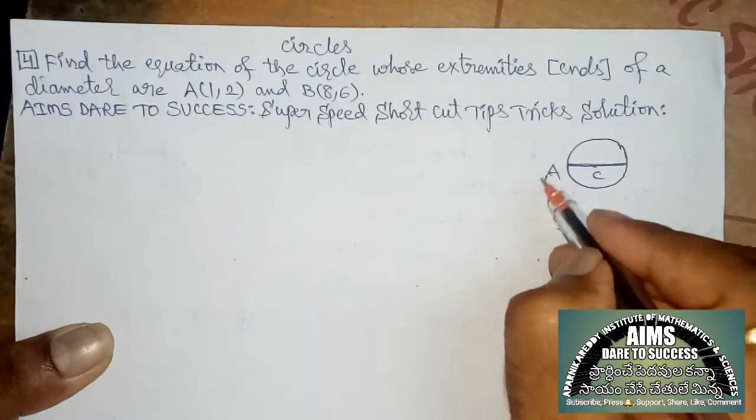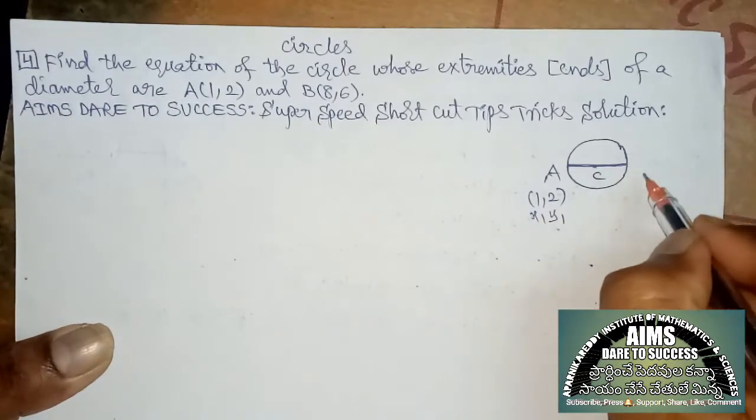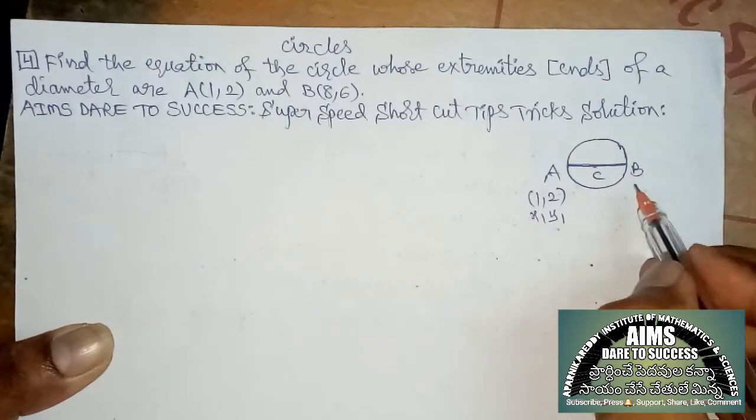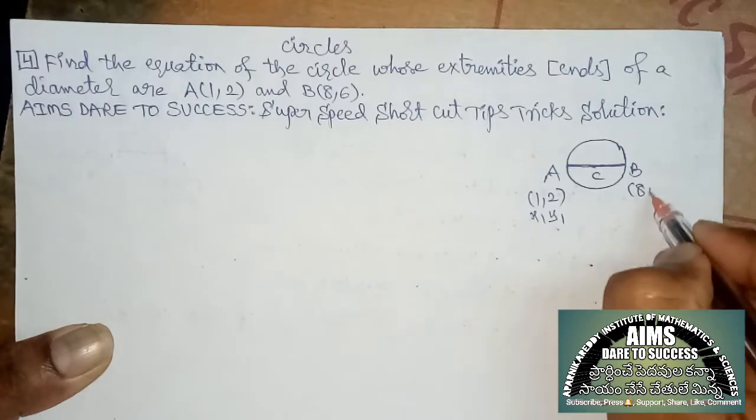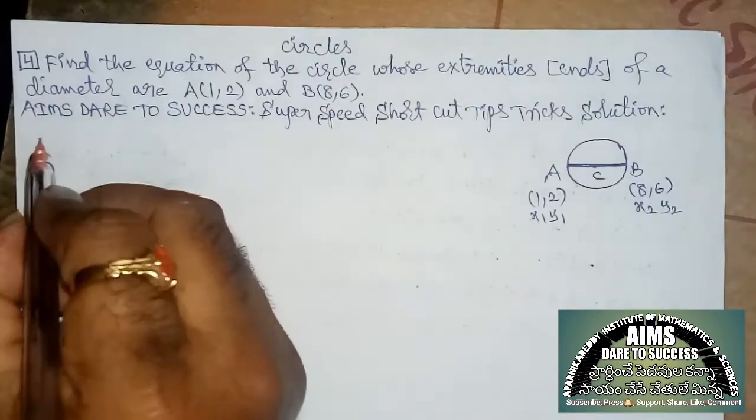According to given problem, A is 1 comma 2. Let it be taken x1 comma y1, and this is another end, B. B is 8 comma 6. This is a given value. Let it be taken x2 comma y2.